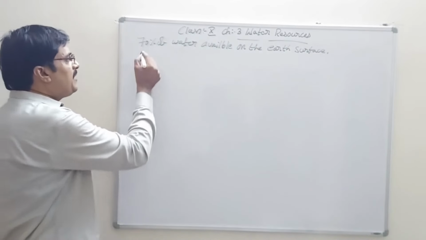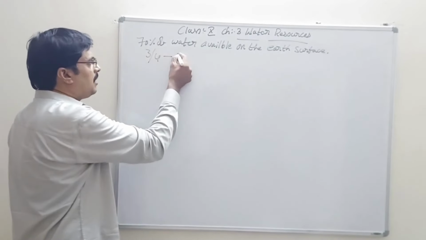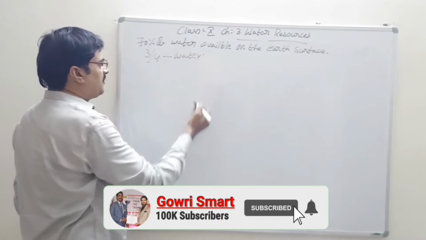That means 3/4 of the earth's surface is water.